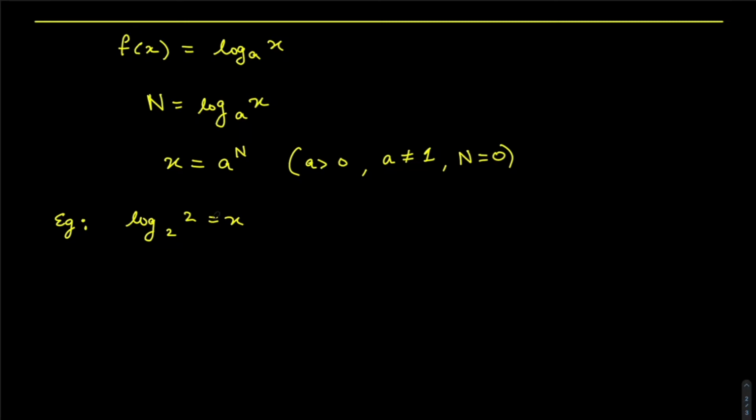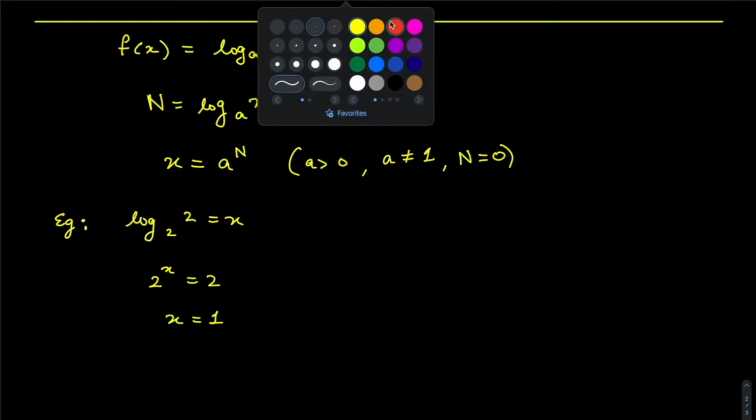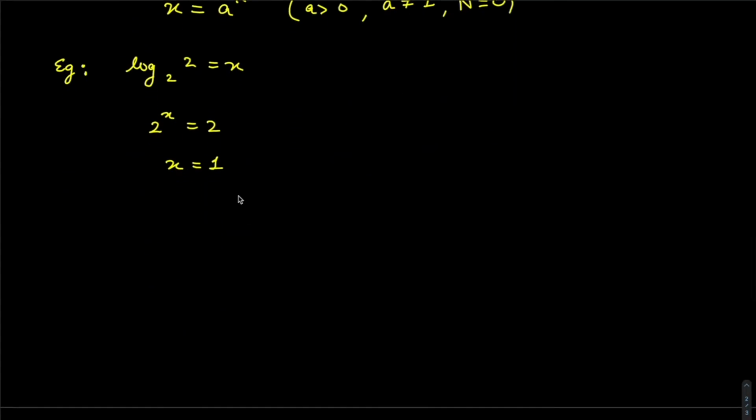If I want to rewrite this, log is an exponent, so x is the exponent and 2 is the base. So 2 raised to the power x is giving us 2. It's pretty obvious that if you want to get the same number again, x has to be 1. Nothing too crazy. Let's change the color. I'll go with red. Let's look at another example here.